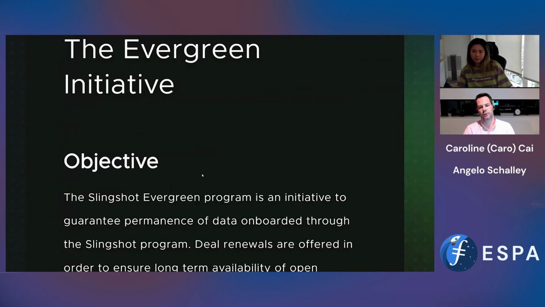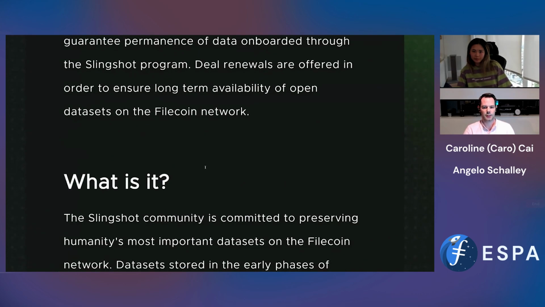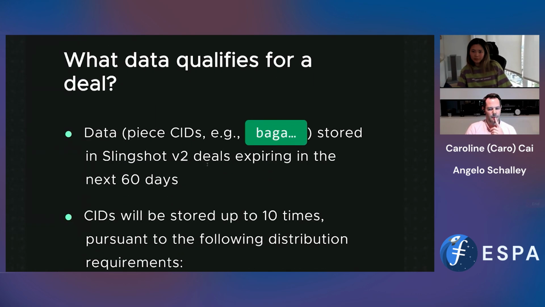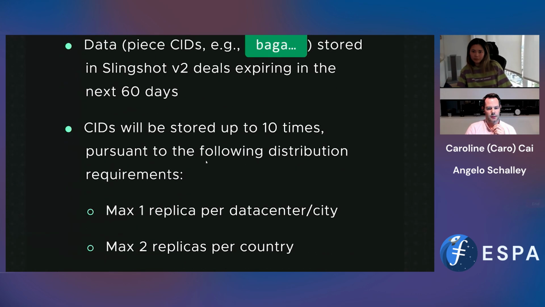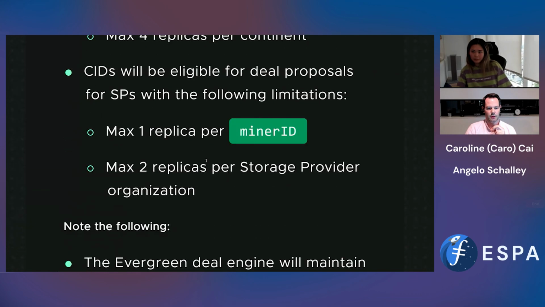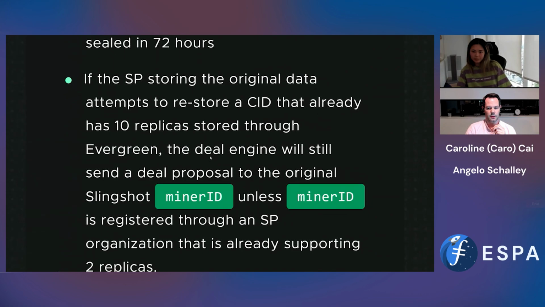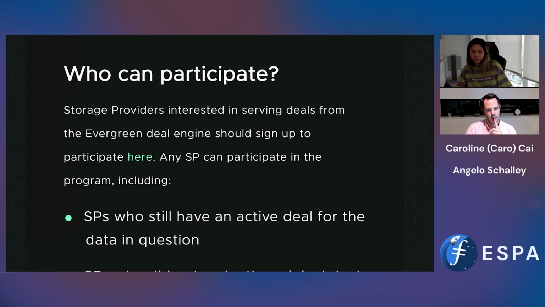So Evergreen program, let's go into it. So important here is, this is already covered by Caro. So, okay, who can participate? Anybody, or if you're an SP, you can participate.